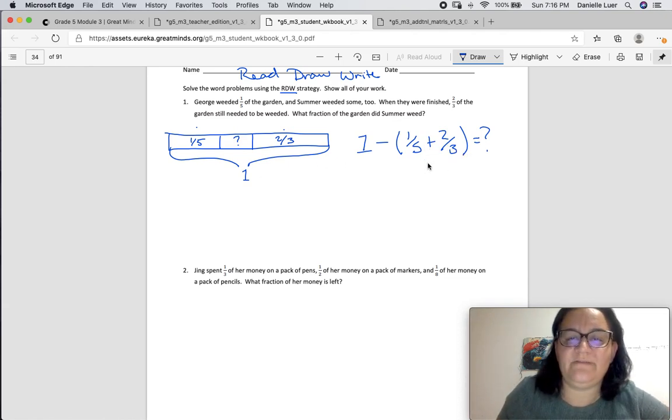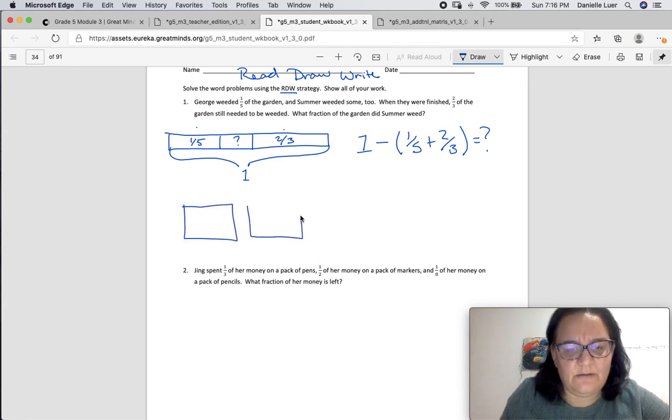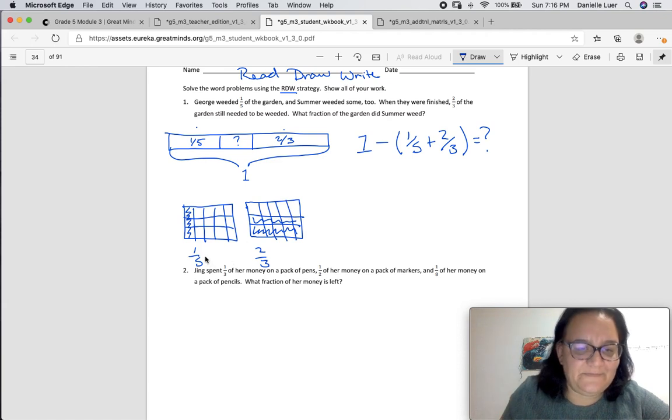So let's do the 1/5 plus 2/3 first. We're going to use our fraction rectangular area model here that we have been using. 1/5, okay? And this is 2/3, and this is addition, so we'll just add the two together. And I need to create common denominators. So I'm going to multiply this by 3 and this by 5.